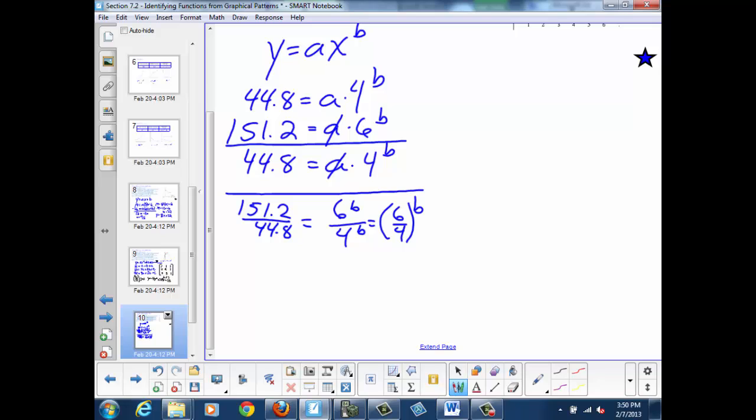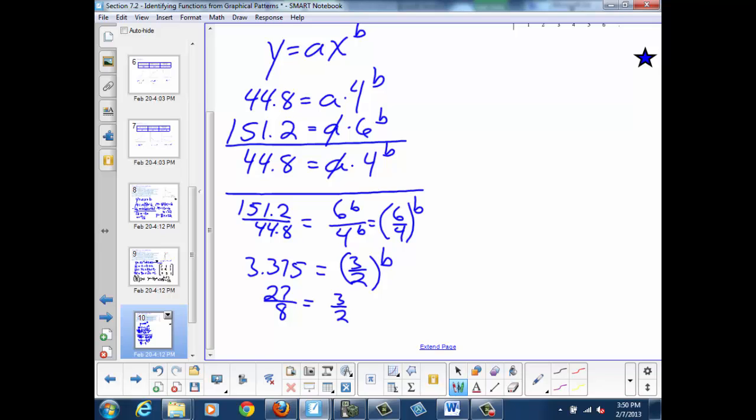If I plug this value into my calculator, I get 3.375 is equal to, I'm going to simplify the 6 over 4, 3 over 2 to the b. If I use my calculator to convert this decimal to a fraction, I find out that 3.375 is actually 27 over 8.